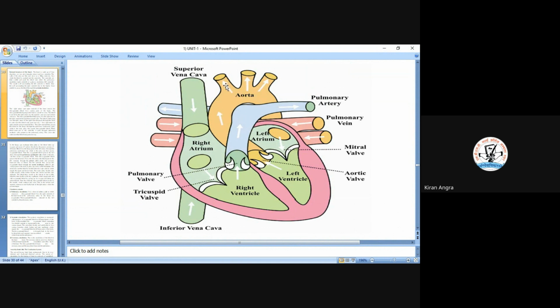So the blood thus travels in the arteries to the arterioles, and these arterioles further divide into small capillaries, which supply oxygenated blood to each cell and take away the deoxygenated blood.